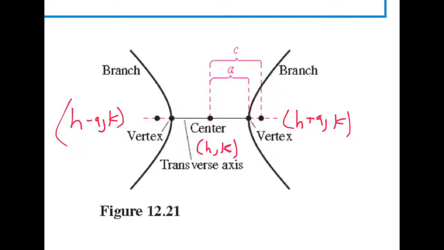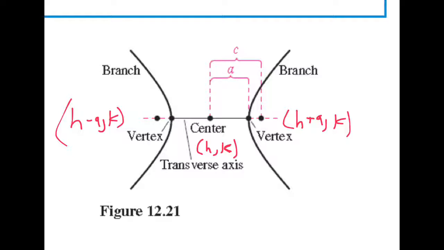Again, just like an ellipse. But notice the difference is the foci here are on the outside of the vertices, unlike an ellipse. In an ellipse, the foci are inside. Here, the foci are farther out than the vertices are.